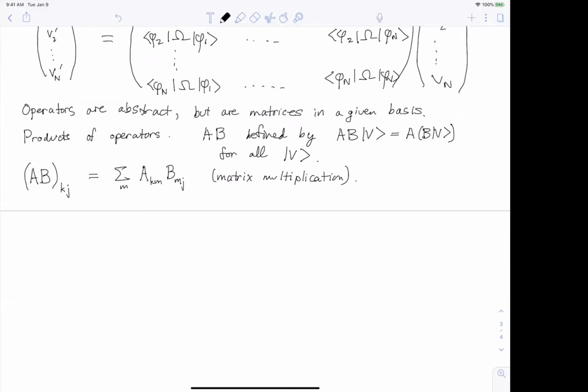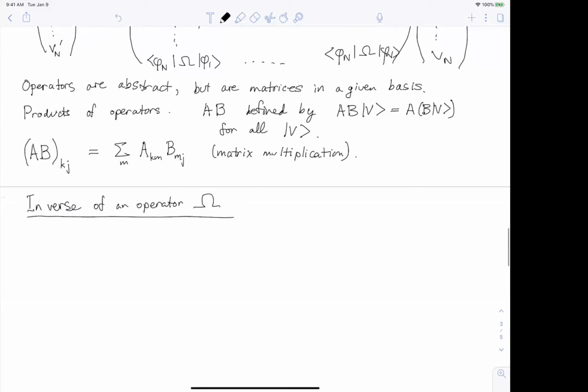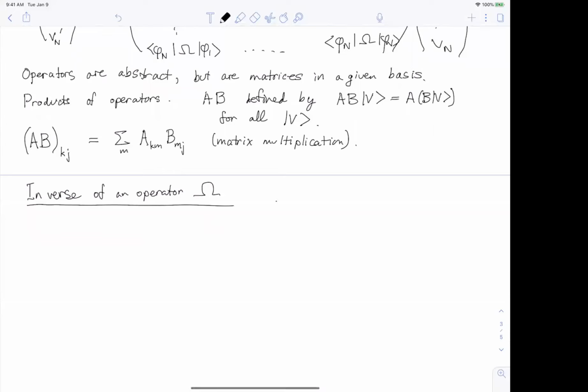All right, so what else can we do with operators? We can discuss the inverse of an operator. For variety, let me go back to omega. That's just defined by saying omega inverse acting on omega is the same thing as omega acting on omega inverse, which has to be the identity operator.